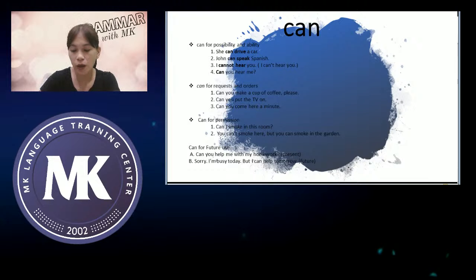For example, we do not really know if the person is able to do something, but we want them to do it. So for example, we have can you make a cup of coffee, please. Meaning you are asking him to make you a cup of coffee.